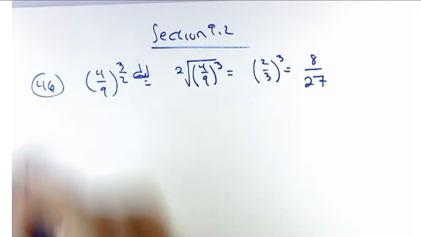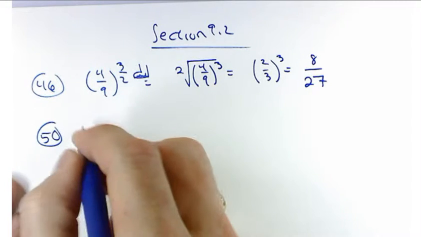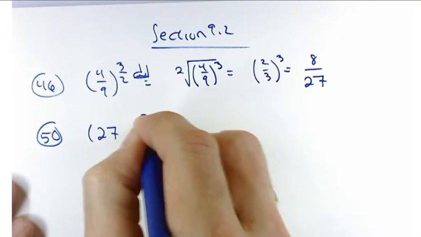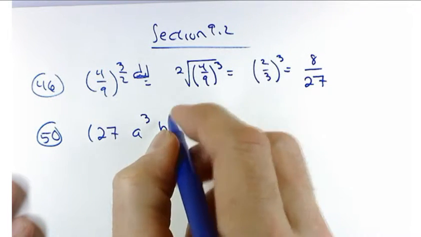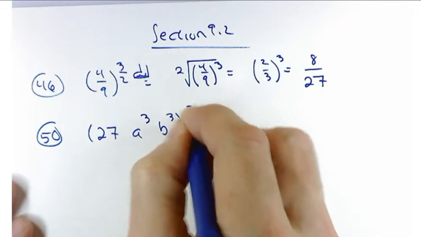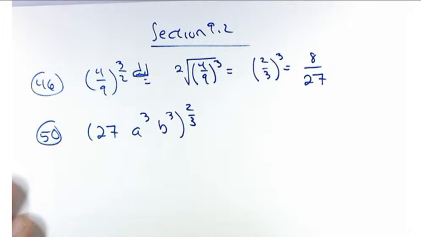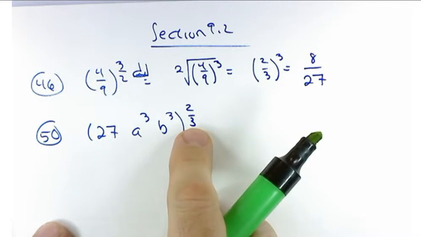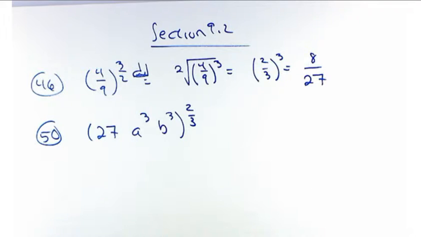Let's see. Let's do one last follow-up, problem number 50. 27 a to the third b to the third raised to the 2/3 power. So this one is a little reminder of the fact that when you have an exponent on the outside, it's going to multiply each of the exponents on the inside.